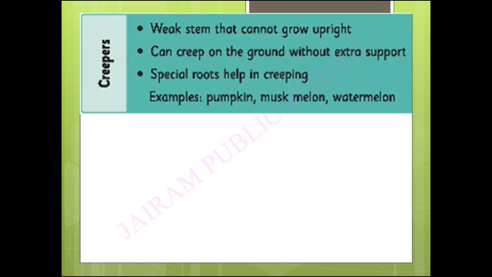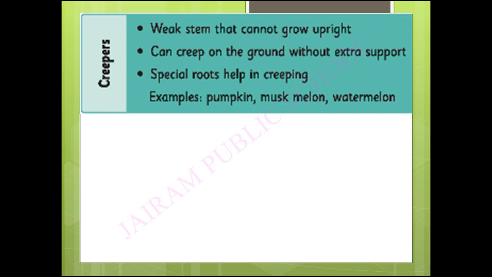Next, creepers. Creepers have a weak stem that cannot grow upright. Like climbers, creepers also have a weak stem. They creep on the ground without extra support, but climbers grow on support. Special roots help in creeping.